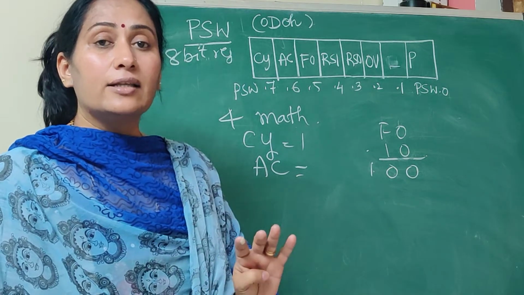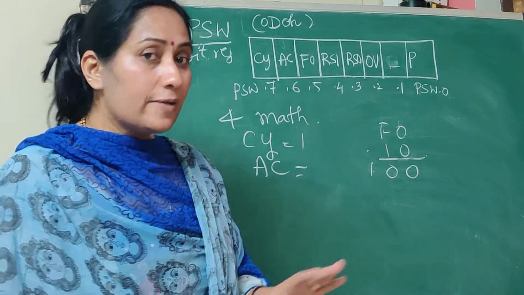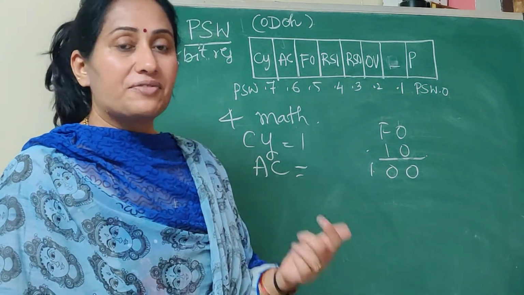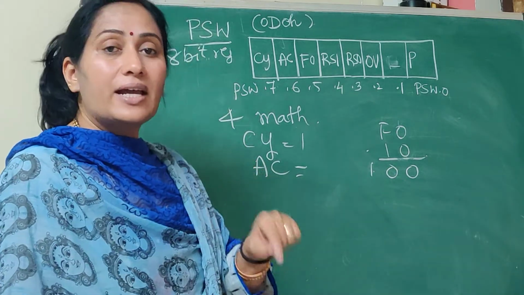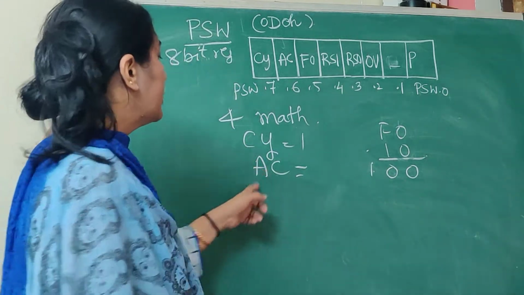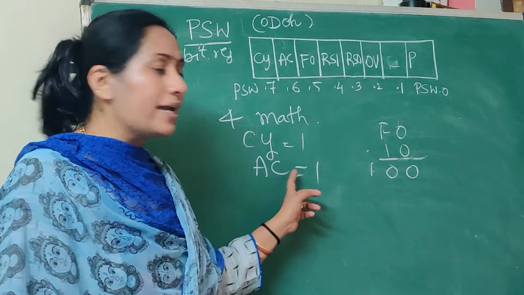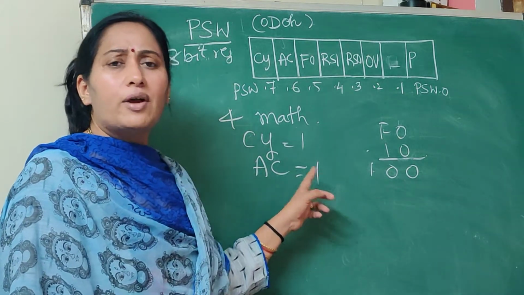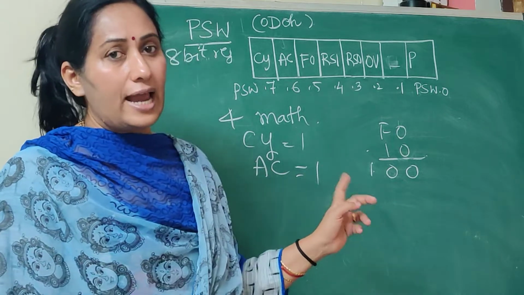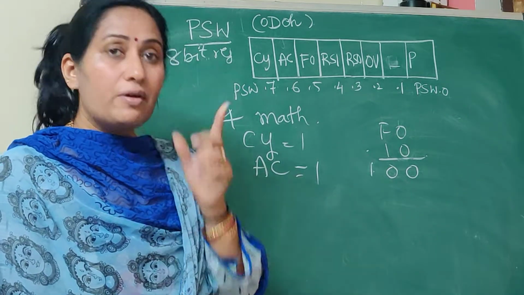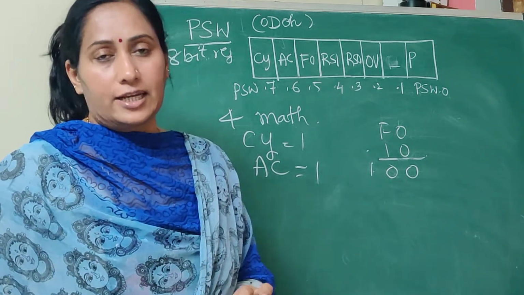After adding the nibbles, if I get a carry out of it, then this particular flag is going to get set. The auxiliary carry flag is going to get set. We are going to use this auxiliary carry flag status whenever we are performing BCD arithmetic.